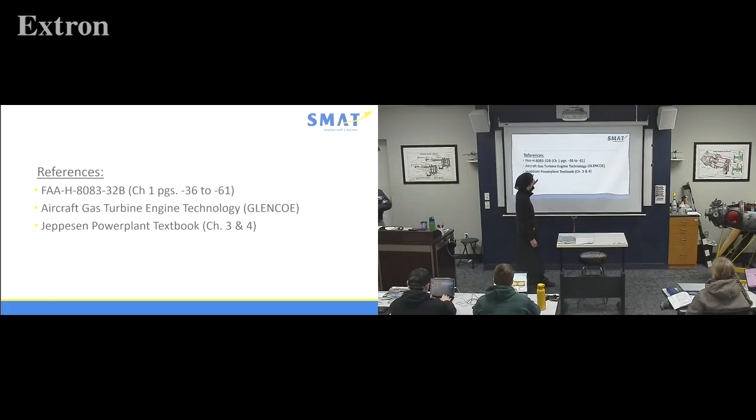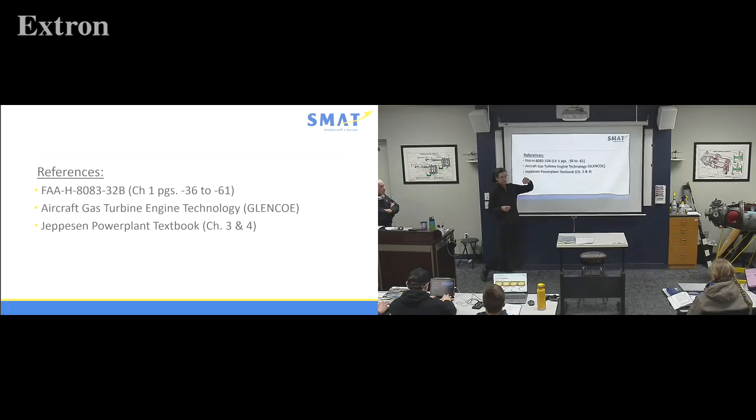So today's lecture will be chapter 1, and the turbines is page 36 to 61 in there. And then there are 2 really helpful books in the Google Drive under maintenance publication resources. The Glencoe Aircraft Gas Turbine Engine Technology, an entire book on turbines. A lot of the information I have in all these lectures comes from that.